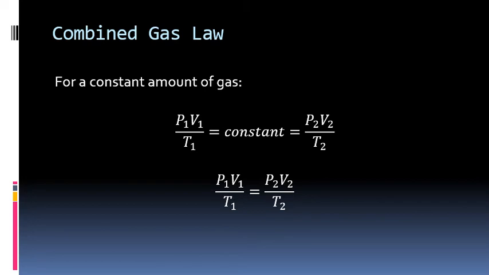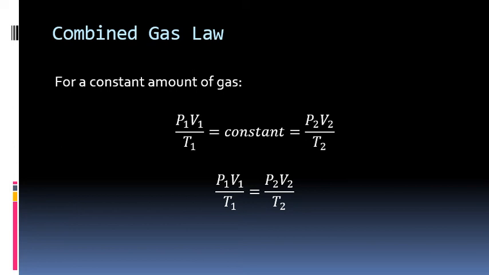Now, as these laws were observed, it was eventually determined that you could combine those different laws together to form the combined gas law. This is a way of relating pressure, volume, and temperature as long as the amount of gas is kept the same. Therefore, the product of pressure and volume, divided by temperature, will always equal the same number.